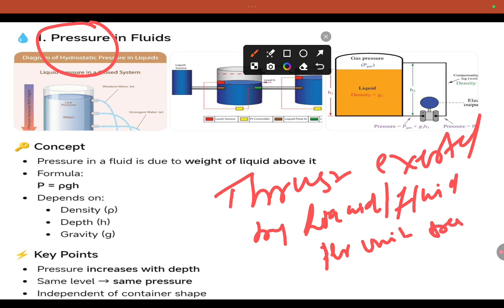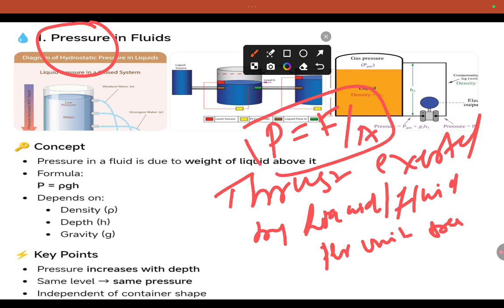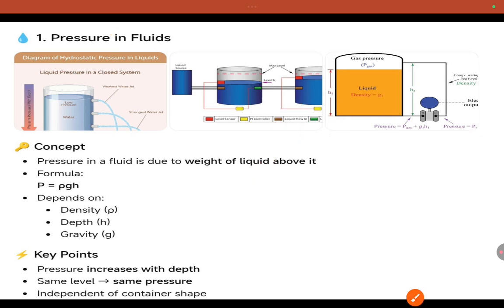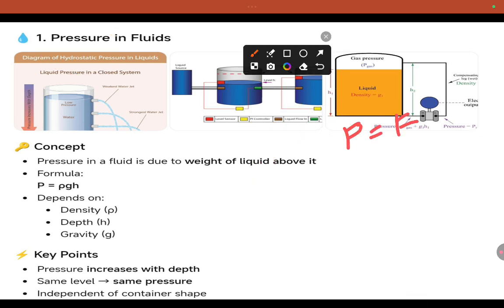So P equals F by A. P equals what? F by A, where F is in Newton and area is in meter square. So P equals Newton per meter square. Force per area, that is Newton per meter square.